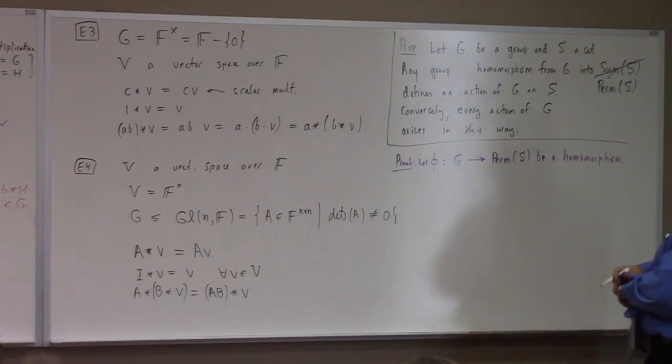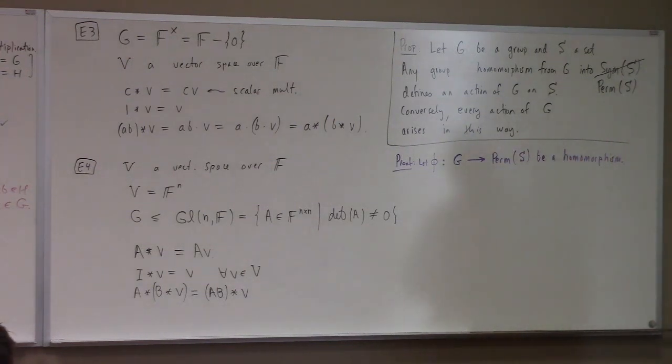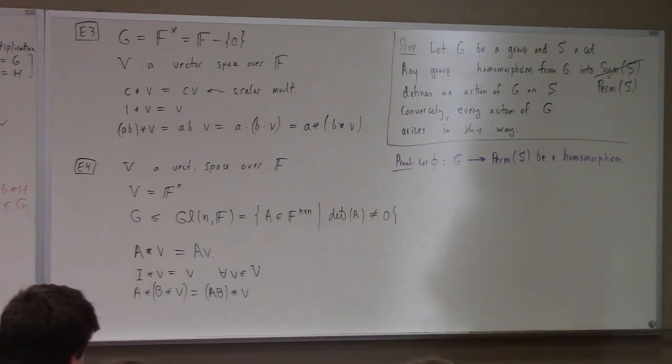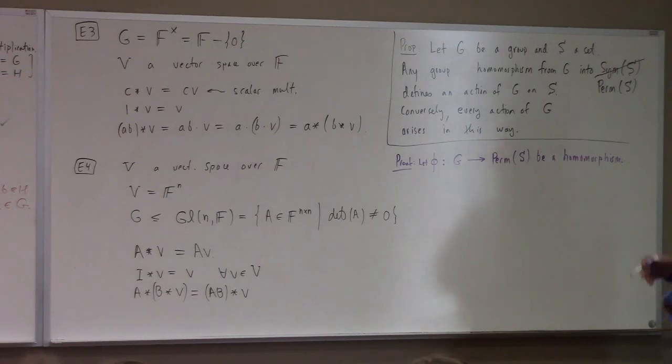What's the claim? If we have a group homomorphism, we say it defines an action. So how are we going to define the action? Did I already do it in my example 1? Oh, this is a homomorphism. It seems related, though.